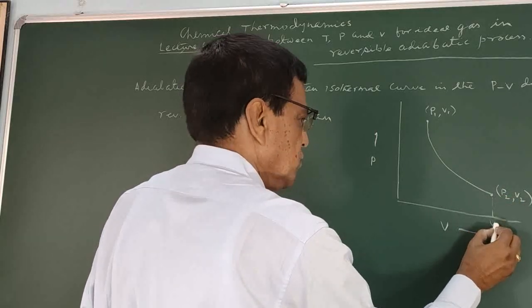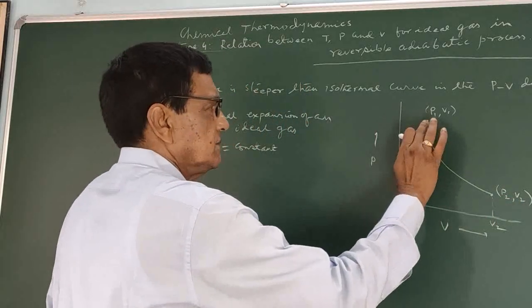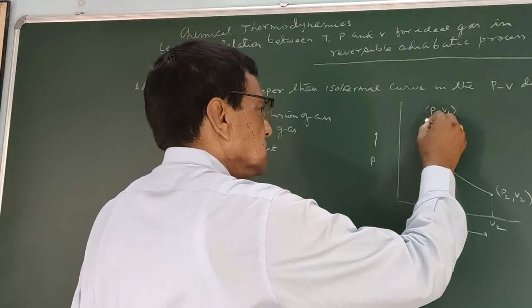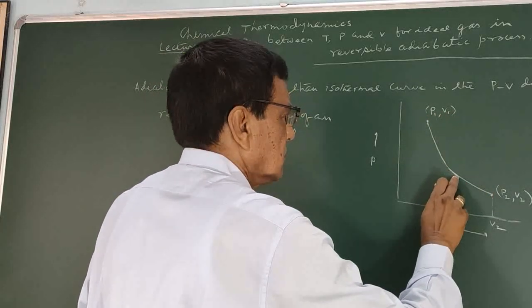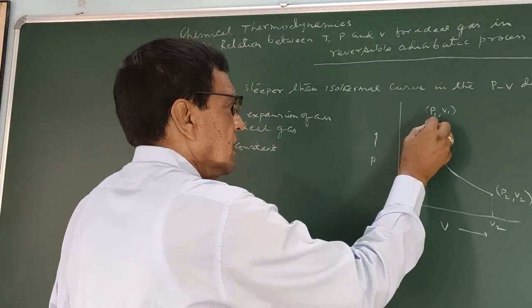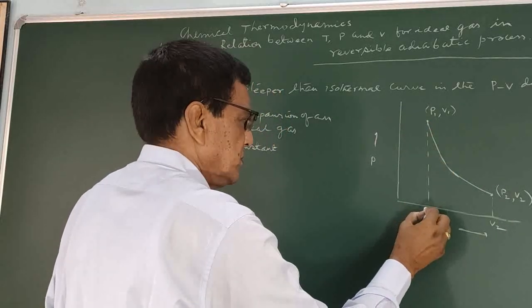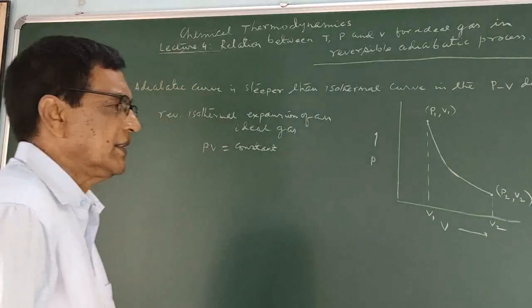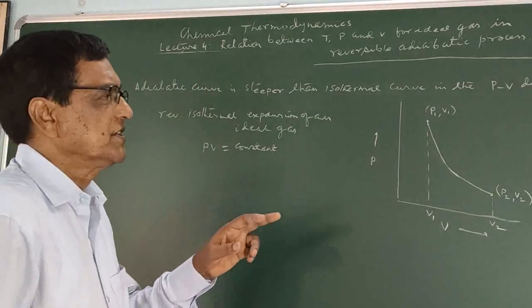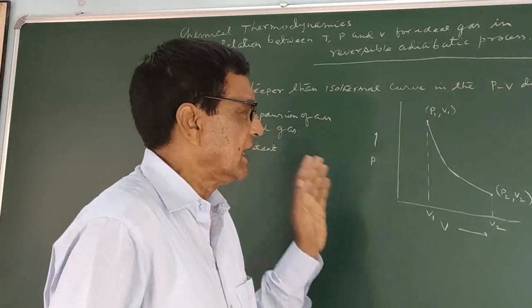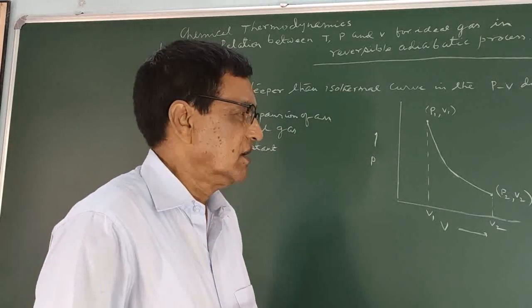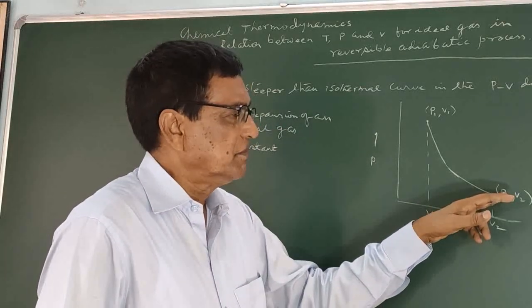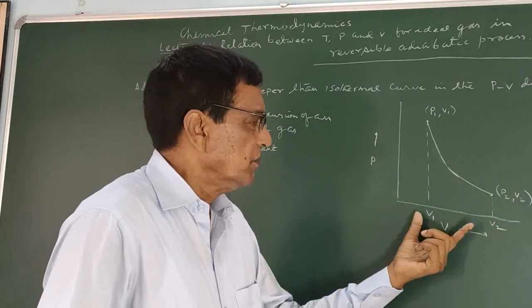This is V2 and this is V1. The gas is at the initial state P1, V1, and after this reversible isothermal expansion, the final pressure is P2 and final volume V2.